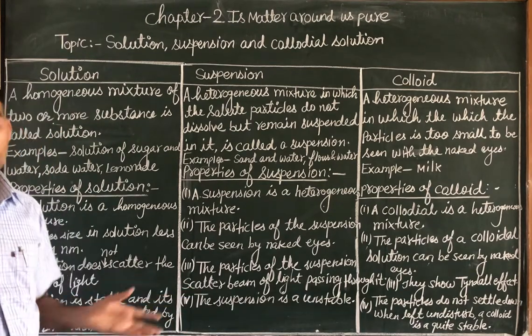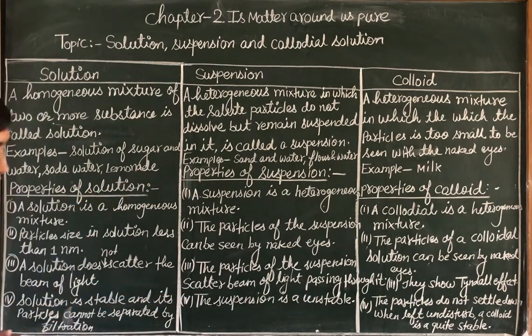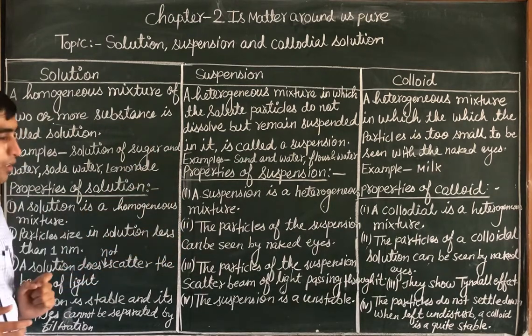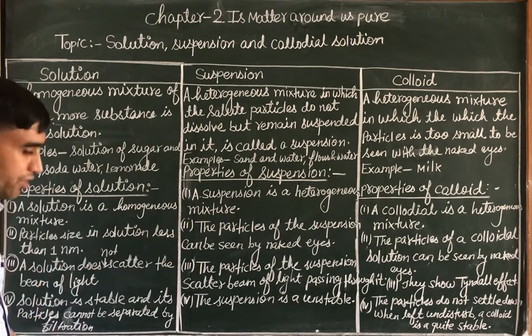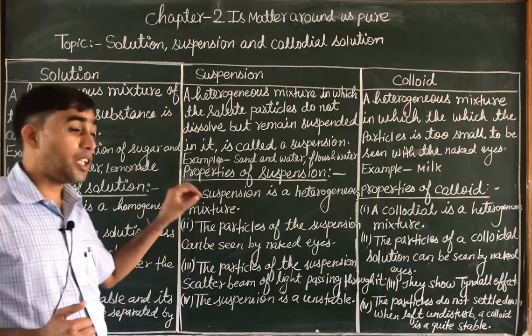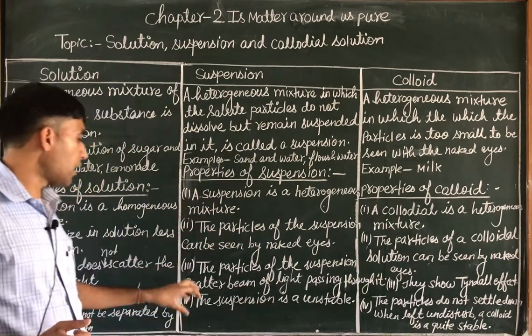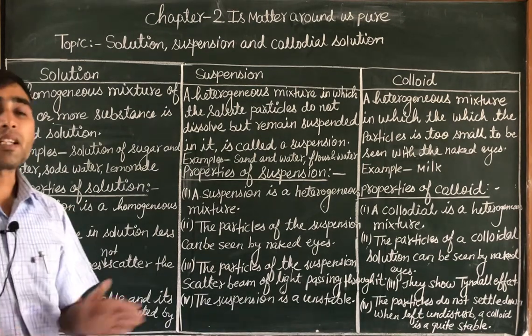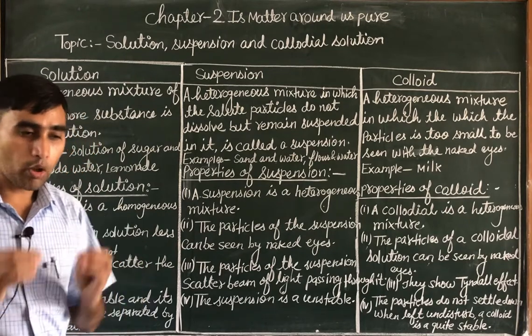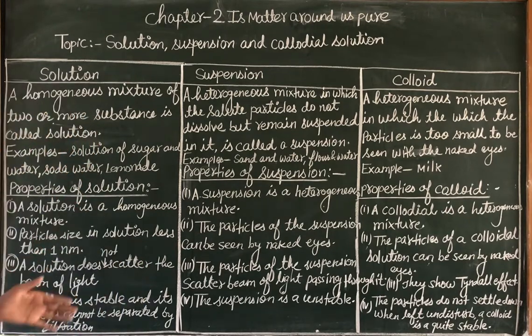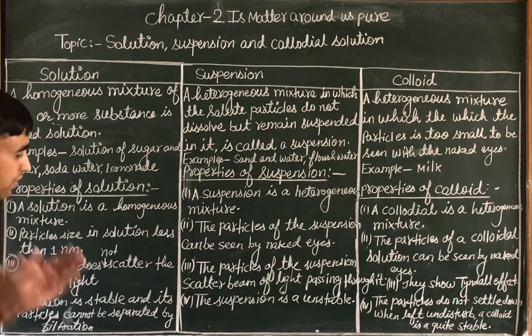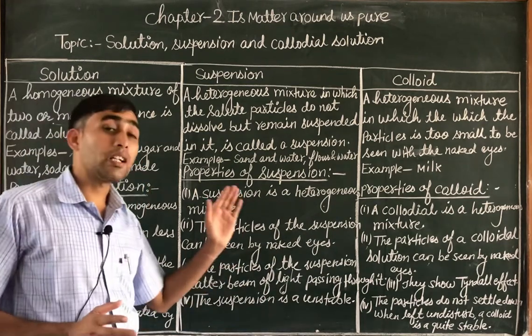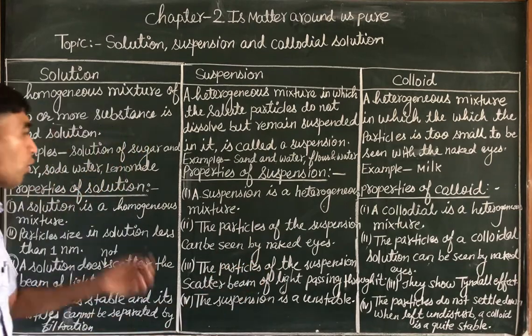If you allow a beam of light through the suspension, the particles are big enough that they scatter the beam of light, meaning they show the Tyndall effect. And the last point is, if you leave the suspension undisturbed, the particles settle at the bottom of the container, the solid particles जो कंटेनर का बॉटम उसके अंदर बैठ जाते हैं. So we can say that a suspension is unstable. It is just the opposite of a solution.